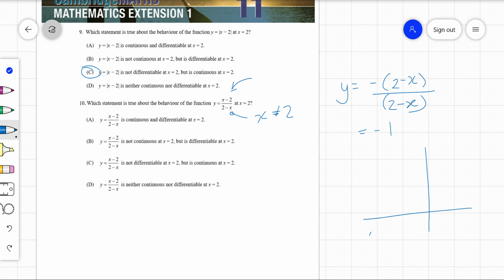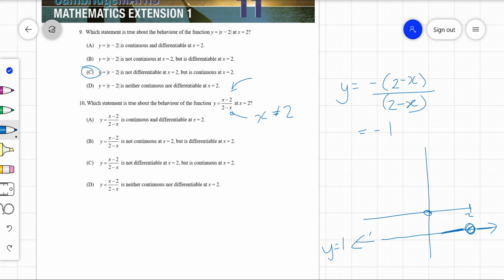So why didn't they just give us y equals -1, which is down here? Why didn't they give us that line? Y equals -1, like that, because they're kind of like telling us also that x cannot equal 2. So when I go across to 2, let's say this is 2, there's actually a hole in this line.